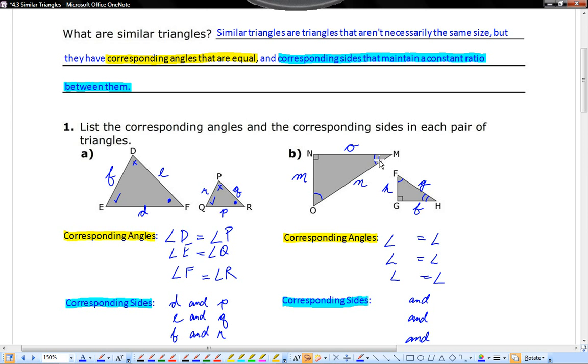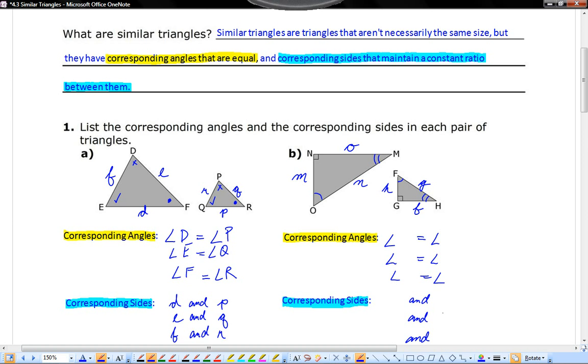This angle is the smallest angle, it's across from the smallest side, so I know it's equal to the angle at H here, which is across from the lowercase h, the smallest side on that triangle. So I've labeled the 2 smallest angles equal to each other, the middle angle equal from both, and of course the right angles are equal to each other.